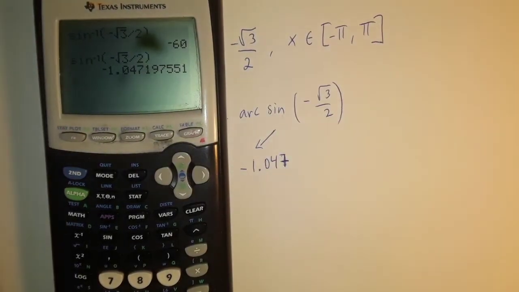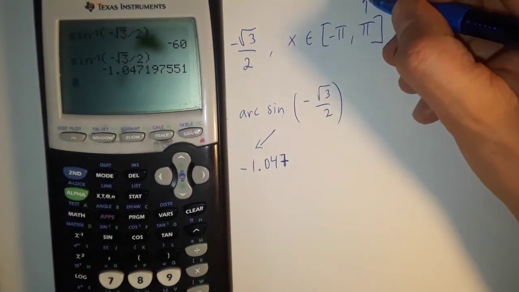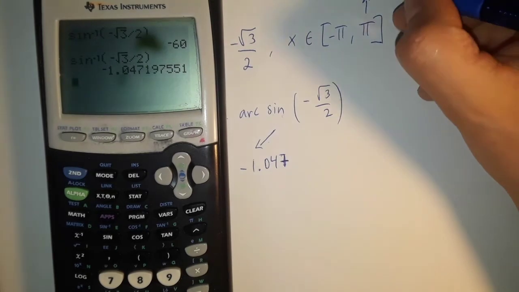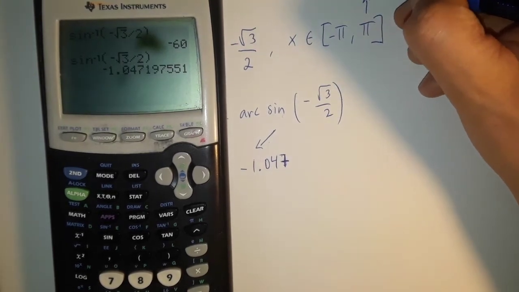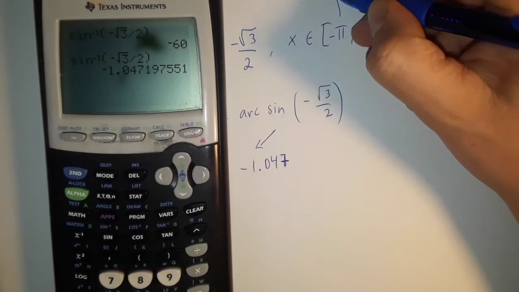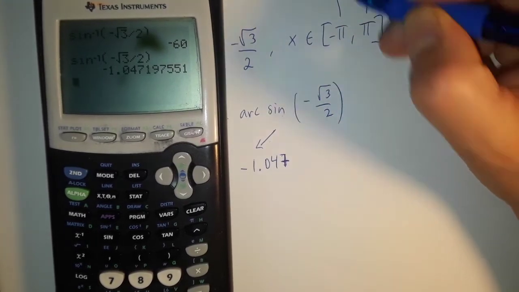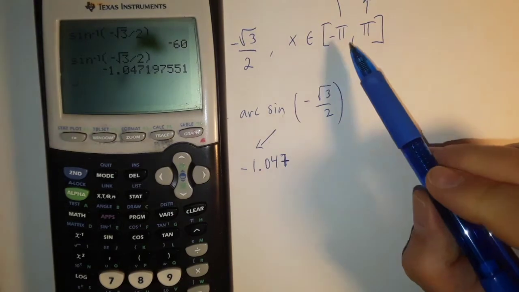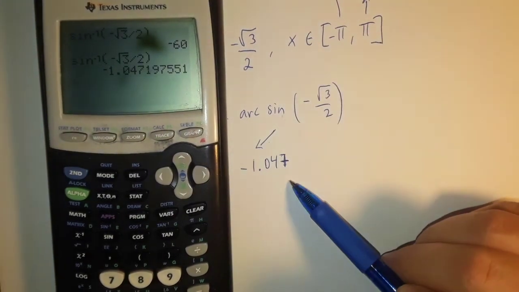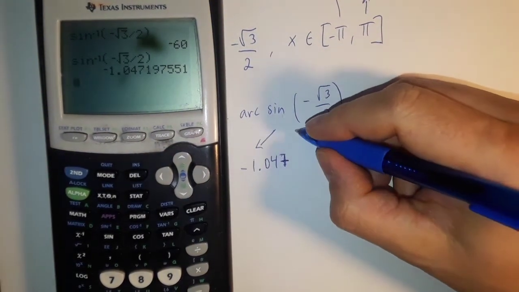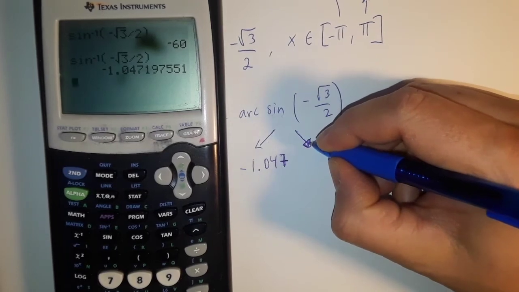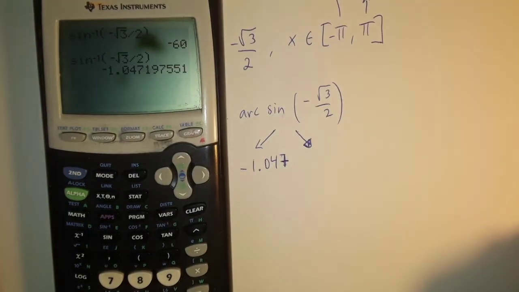In radians, pi is 3.14, and this will be negative 1.047, because it's pi over 3. So is this inside of this domain restriction? It is, right? What about the other one? Well, let's think about it.